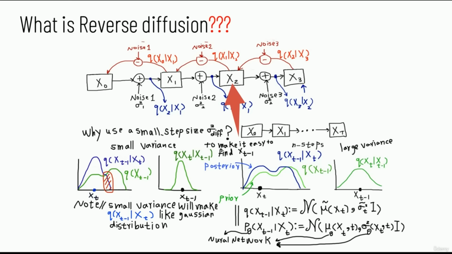and we will do the same thing again. We will try to find the target distribution of x1 variable given the value of x2 variable. Now we will take the value of x1 variable from this distribution. We will try to find the distribution of x0 variable given the value of x1 variable.